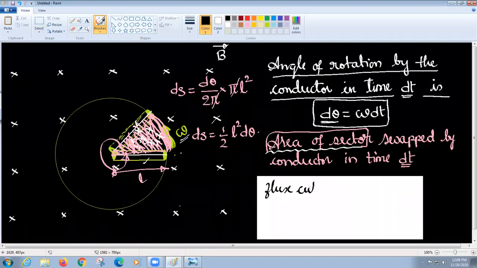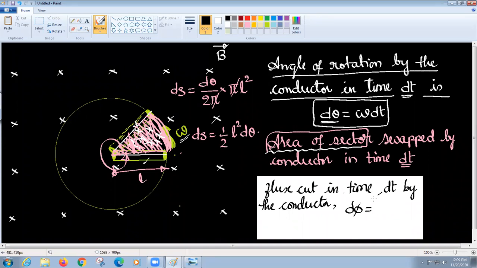The flux cut in time dt by the conductor is d phi, just the small flux here. So d phi is equal to B dS. My dS is equal to l square by 2 d theta.